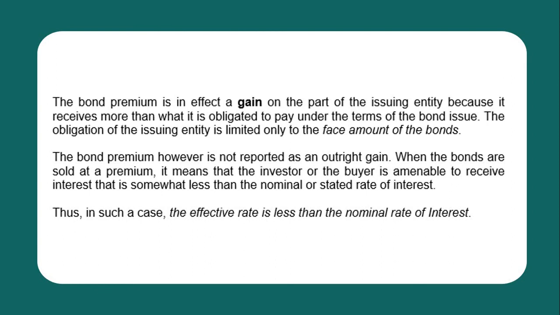Because, of course, the buyer or the investor is willing to receive interest that is somewhat less than the nominal or stated rate. So, the amount nga ma-receive na interest willingly by the investor is equivalent to the effective rate. That is why mas gamay ang effective rate kaysa sa nominal rate. That is the gain.